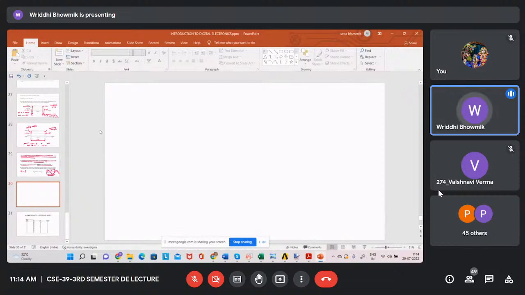Duty cycle is actually, okay, suppose this is the periodic pulse train.